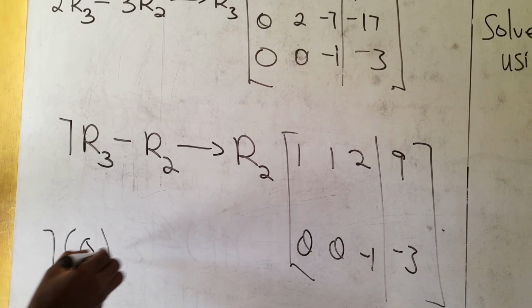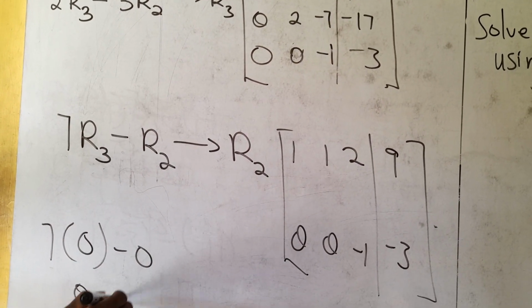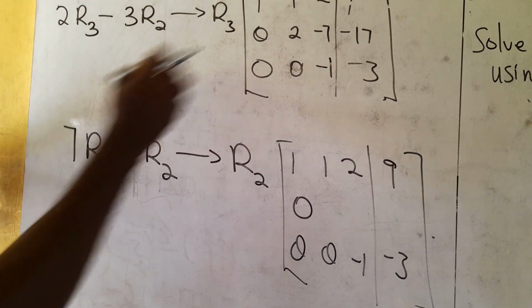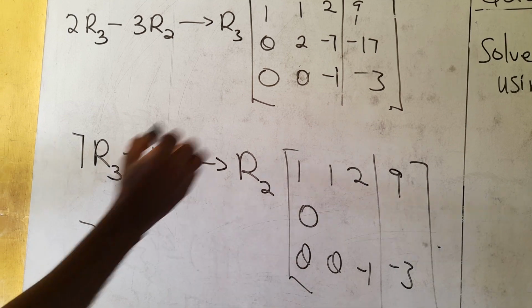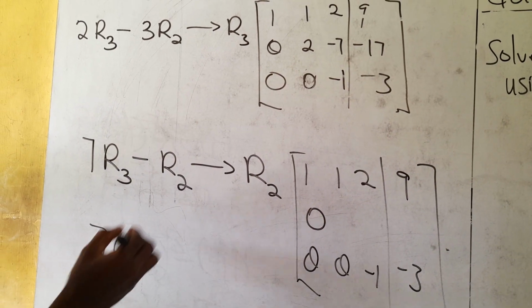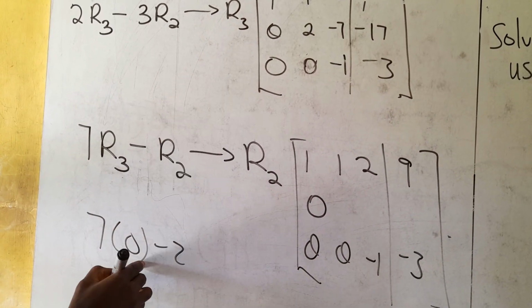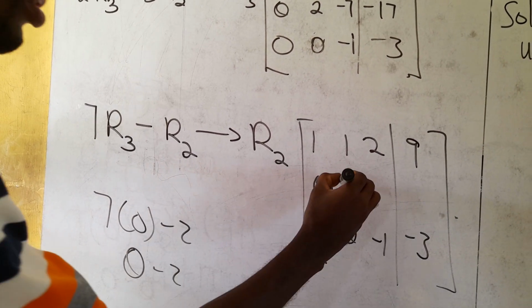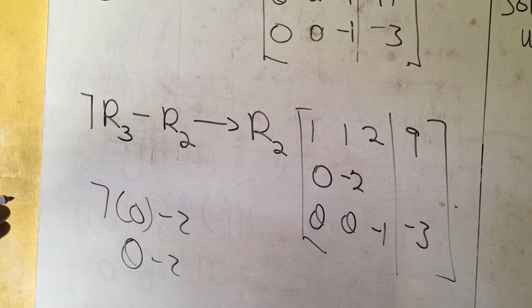It is 0 minus 0. 7 times 0, 0. 0 minus 0 will be 0. Now we'll go here. 7, our R3 there is 0 minus 2. 7 times 0 is 0. 0 minus 2 will be negative 2. So we write here negative 2.